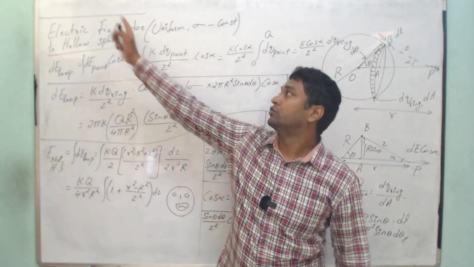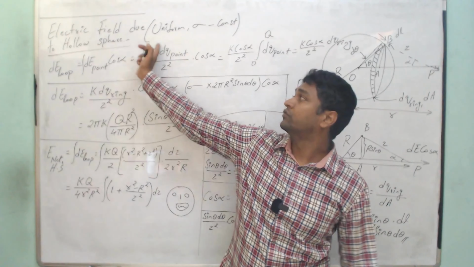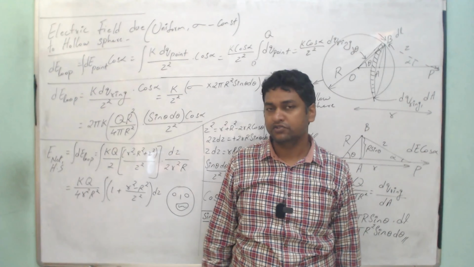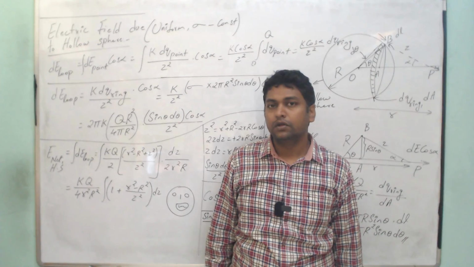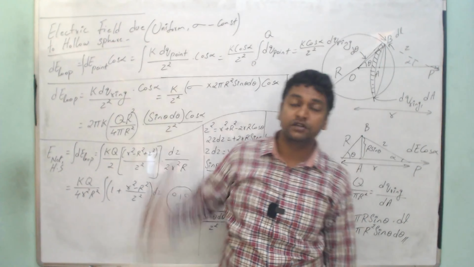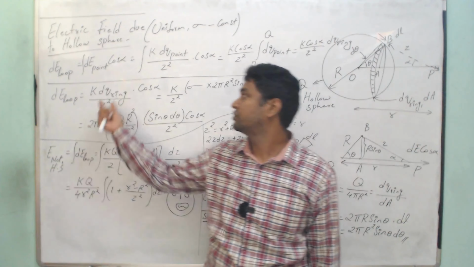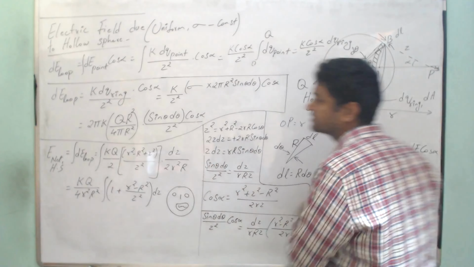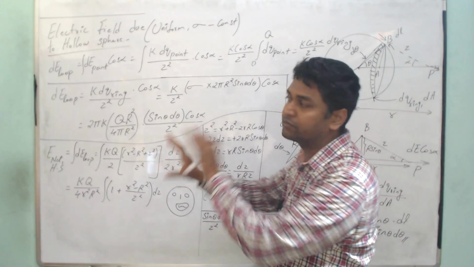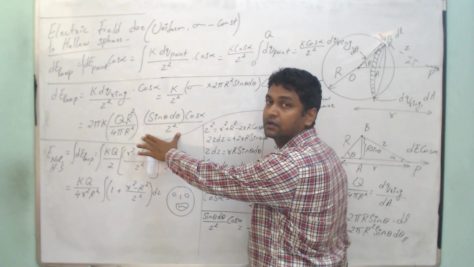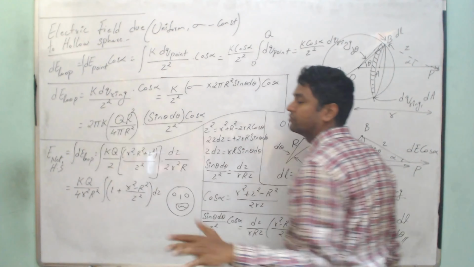And we are doing uniform. Therefore, because uniform, I'll say sigma is constant. So dq ring, I'll substitute as sigma into dA. Now, everything else is basically substitution. So from here to here, there will be no difficulty.